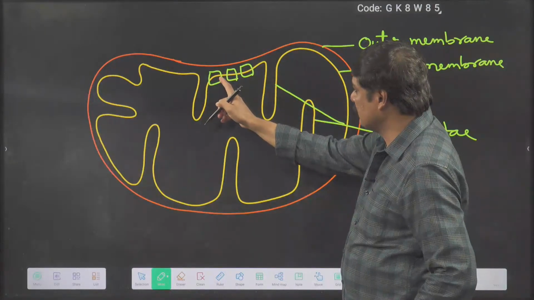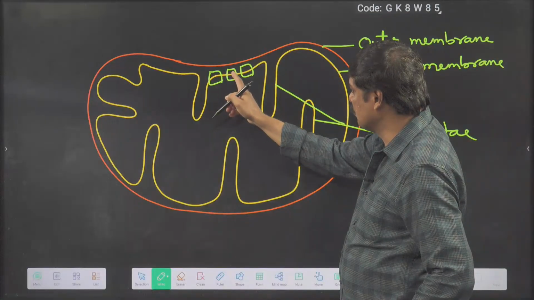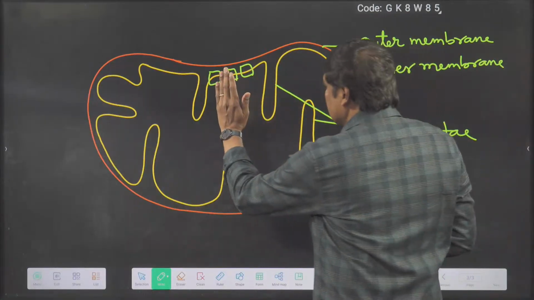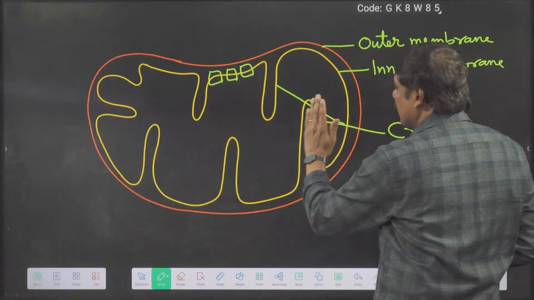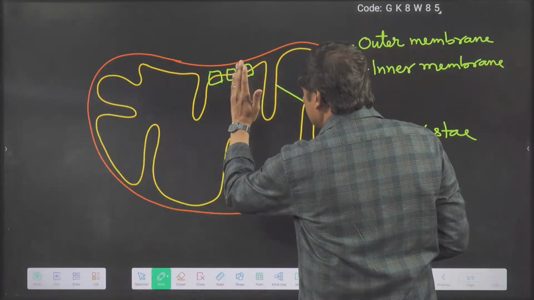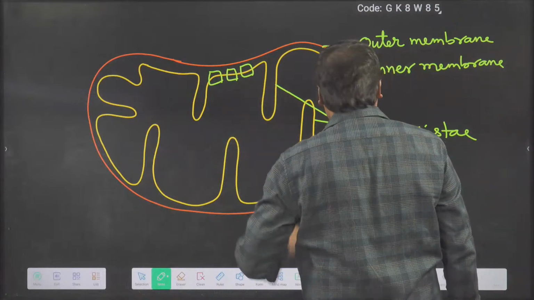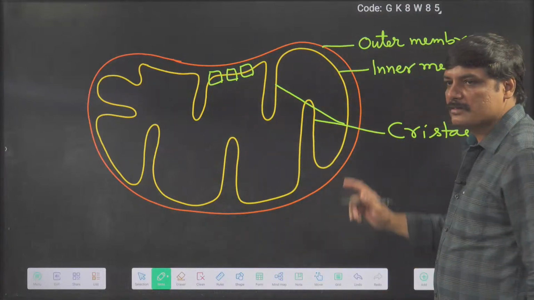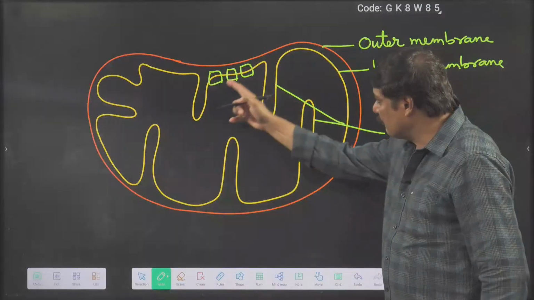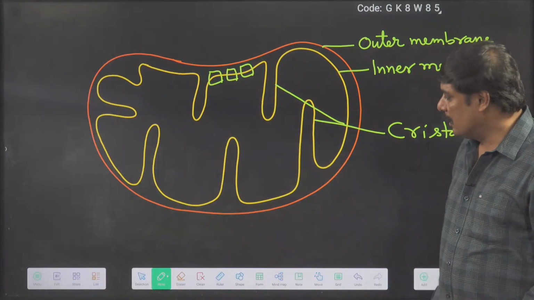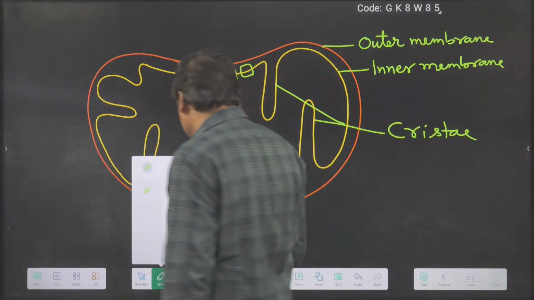First this gives to this one, this gives to this one, like that. That is why electrons are transported from one electron carrier to another in a systematic manner. That is why it is called ETS. So this is the site of electron transport system.